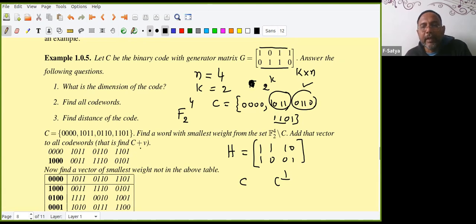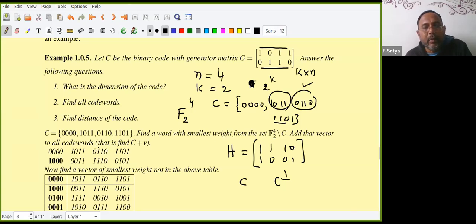So you know cosets, right? You know what a coset is? Coset means C plus V, right? V is not from here. If V is already here, then I'll get the same code C. So what is a vector which is not here? Out of all those not here, I take the smallest. Find a word of smallest weight from F2 power 4 minus C.